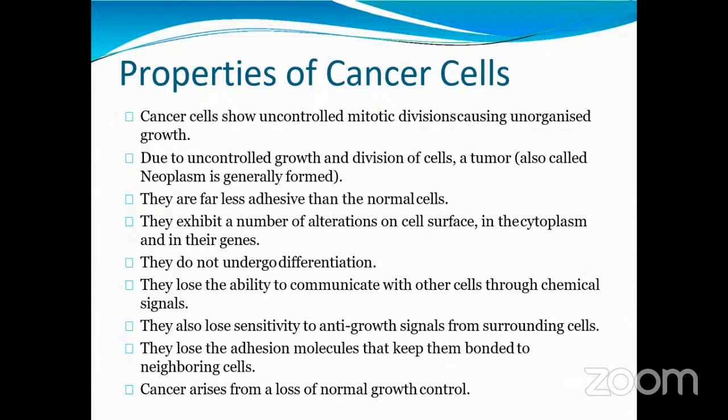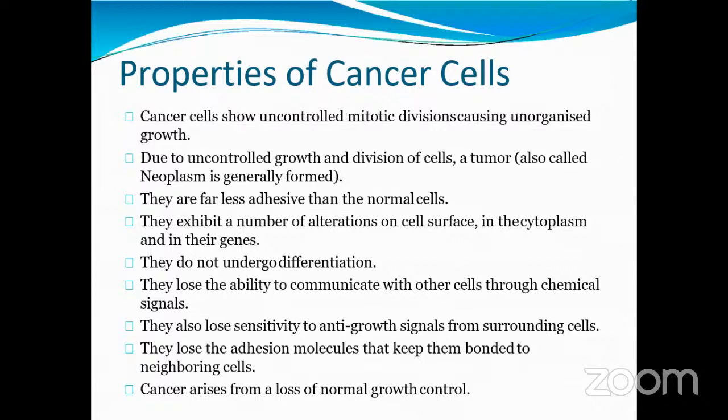Usually in contact inhibition, if there is any outgrowth, the adjacent cells will tell it to stop, that is, they will give the signals. But here the cancer cells lose the capacity to stop even after getting the signals from the surrounding cells. And they lose the adhesion molecules that keep them bound to neighboring cells.